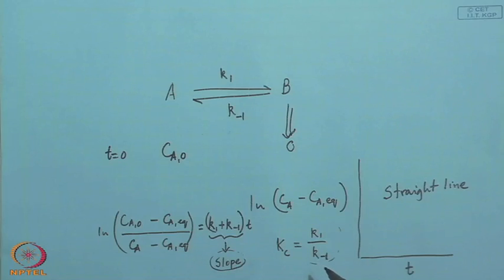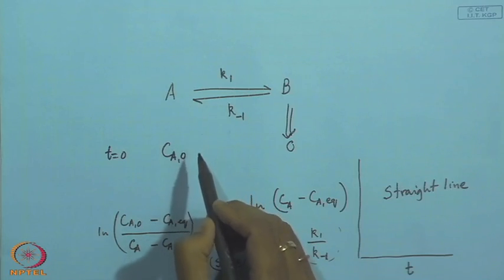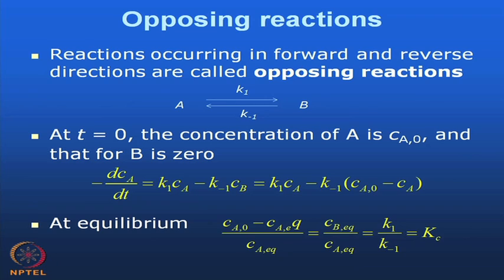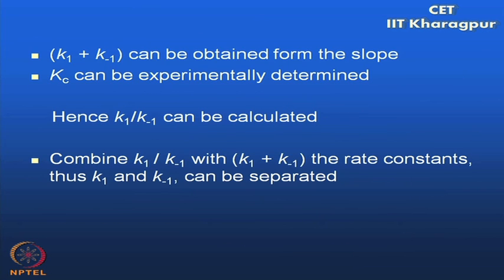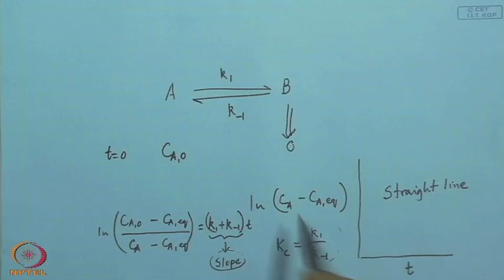So, what is the prescription? This is an opposing reaction, okay, with forward rate constant K1 and reverse rate constant K minus 1, and then we will plot. We will have an experimental plot of ln (Ca minus Ca equilibrium) versus time.